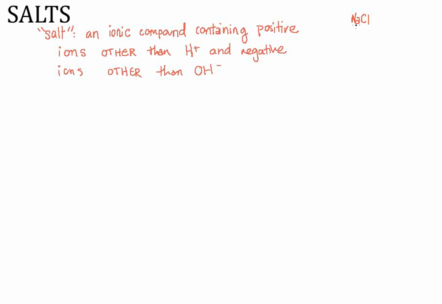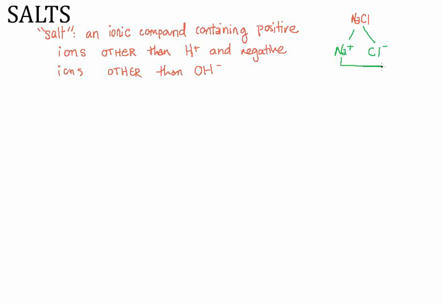So NaCl certainly fits that description. If we stop and think about it, if you were to split this up, this is Na, which is a positive cation that's not hydrogen, check. And the chloride anion is a negative anion that's not hydroxide, check.